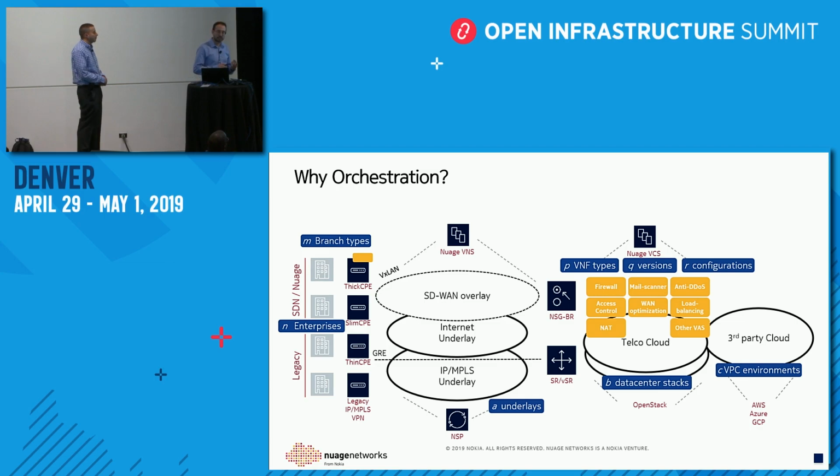We have scenarios where we may want to host a VNF on a branch, like a firewall, some decentralized VNF. In the data center, let's say it's a private data center, there's a whole scale of value-added applications we may want to host. And then there's a whole scale of various third-party clouds that we could expose. Orchestration's role is to make this technology easily consumable and provide some form of abstraction to the end user so that it can be easily consumed.